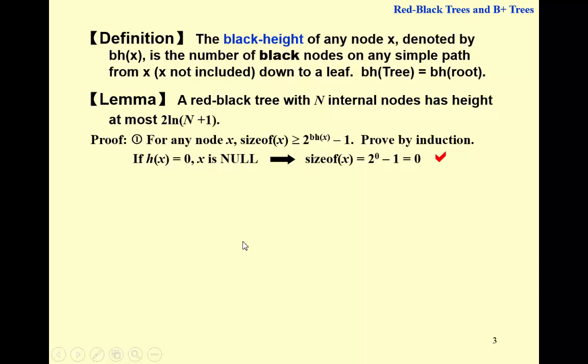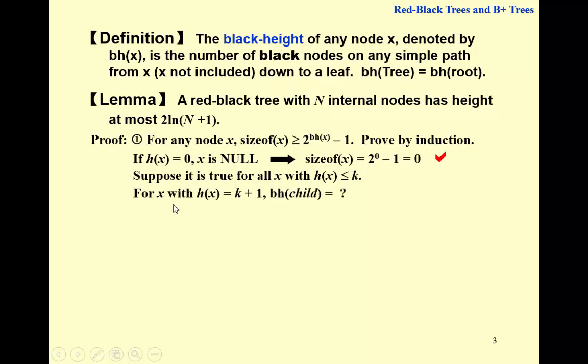We should assume that this is true for all X with some height that is smaller than or equal to some integer k. And then we want to prove that this is also true for k plus 1. Then for any X with its height being exactly k plus 1, what do you know about the black height of its child? Think about it.